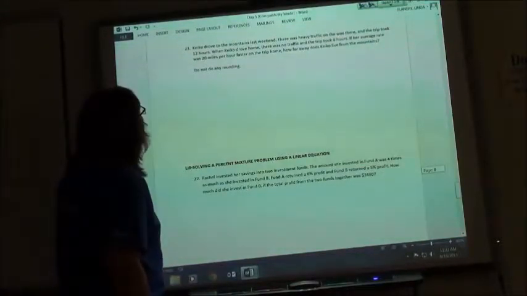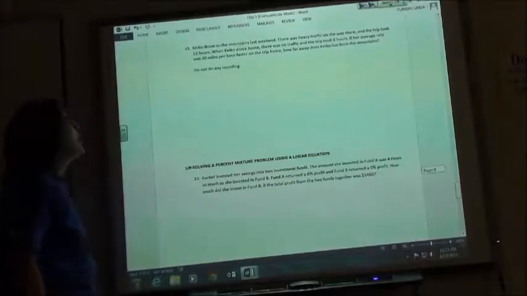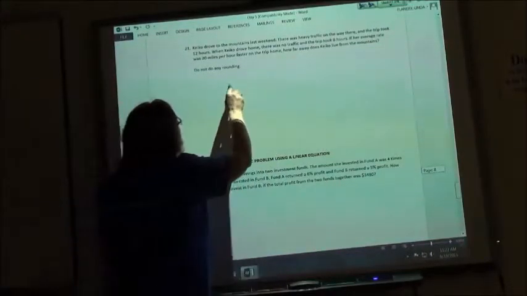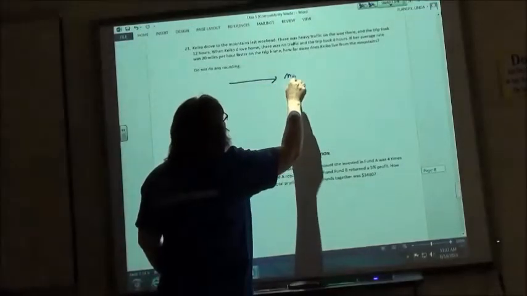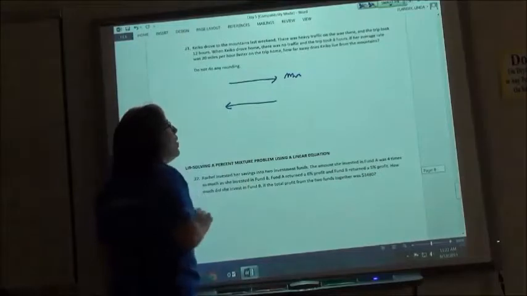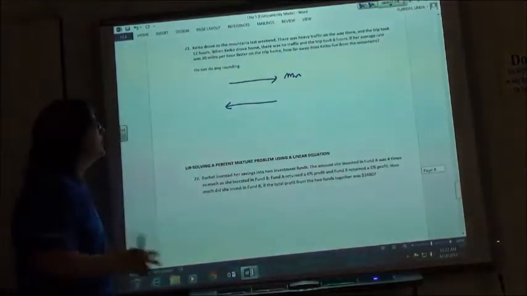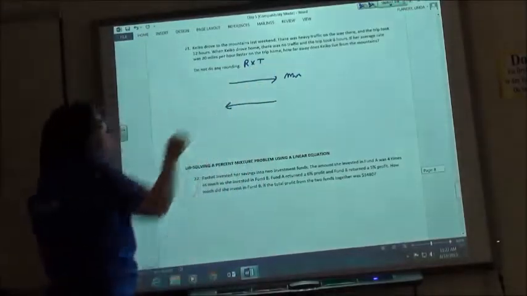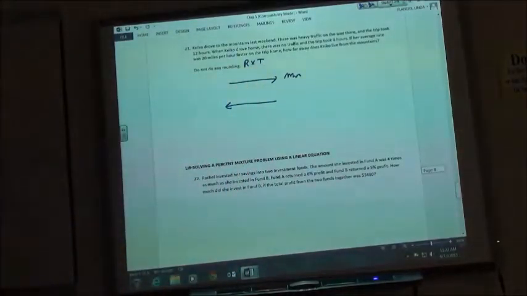If her average rate was 20 miles an hour faster on the trip home, how far does she live from the mountains? So she's leaving home, going to the mountains, then she's going to come back and go back home, right? Still, we're thinking about rate times time, but this time those two distances should be the same.